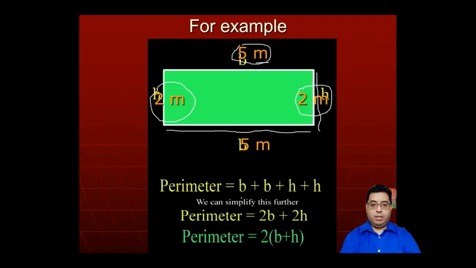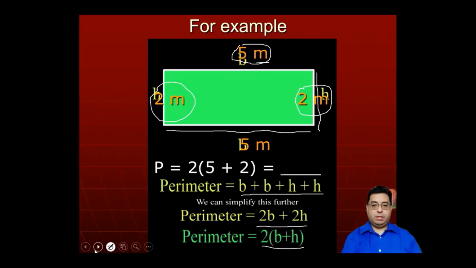The formula here is just going to be B plus B plus H plus H. So that's the formula. However, you can also use 2B plus 2H or 2 times B plus H, which is all breadth and height.